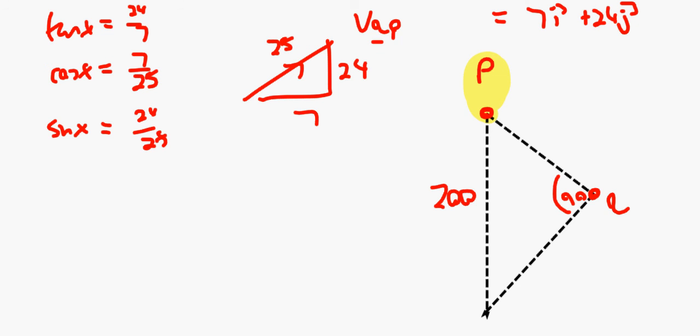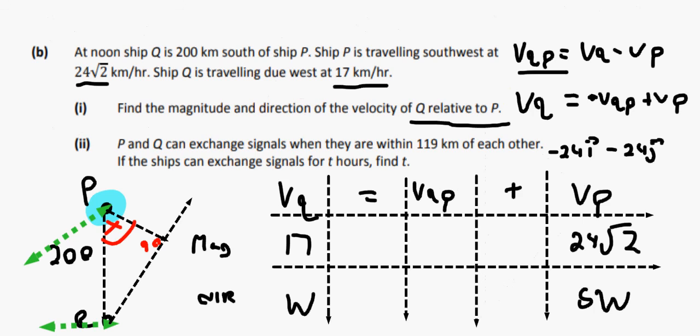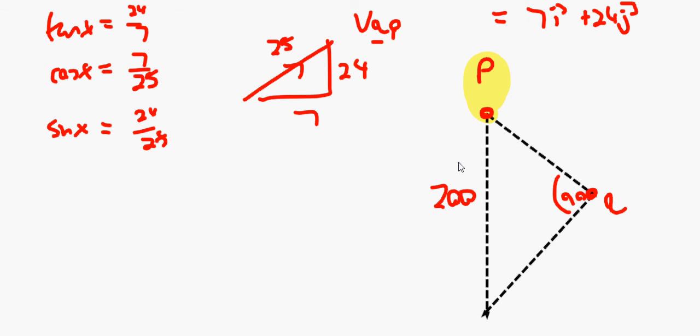That's because it's 7, 24, and the speed of Q relative to P is 25. So Q is travelling at 25 kilometers per hour relative to P. Now we're going to calculate the value of D, which is the closest distance. If this is angle X and that's angle Y, and X plus Y is 90 degrees, this means up here has to be angle X as well.